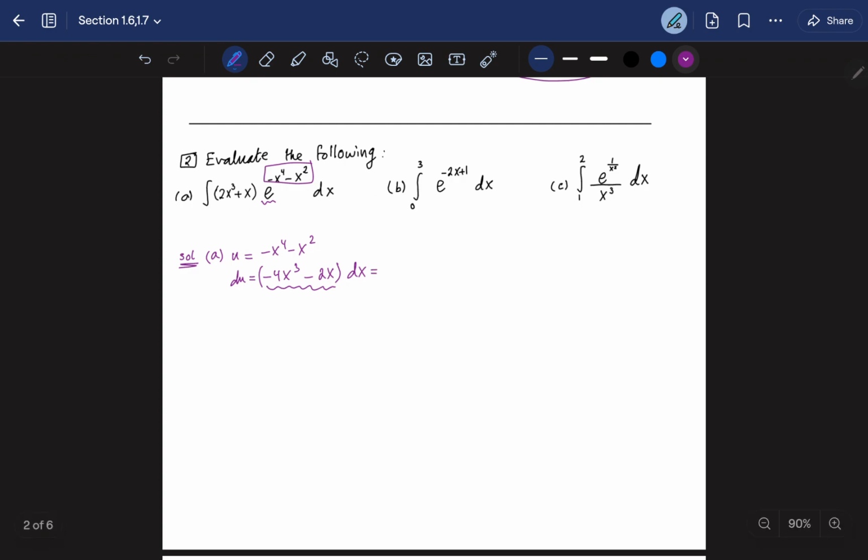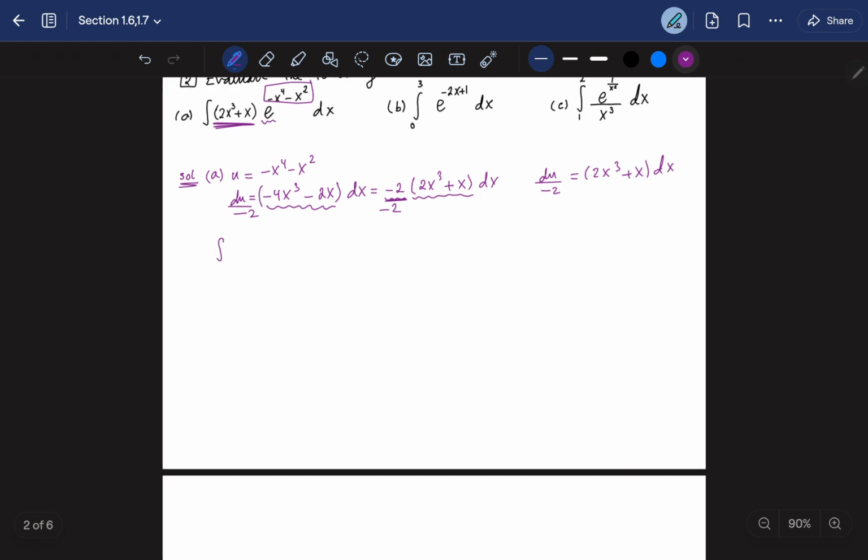But if I take negative 2 as a common factor, you're going to get 2x cubed plus x dx. Now this parentheses here is in my integrand. So my substitution is correct. The only thing extra here is the negative 2, which I can easily just divide to both sides. So du over negative 2 is just a part of my integrand.